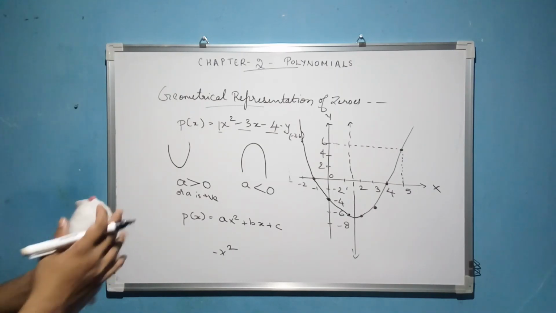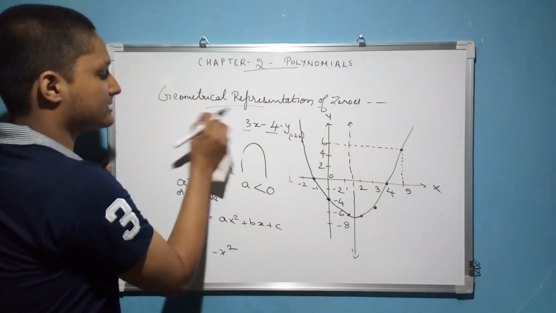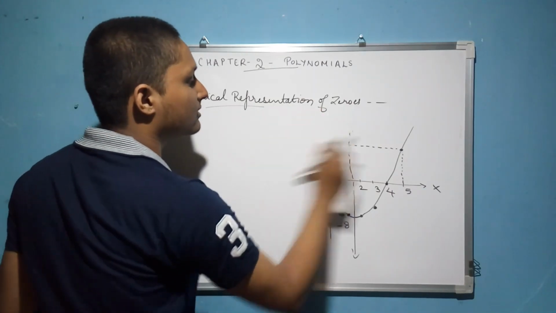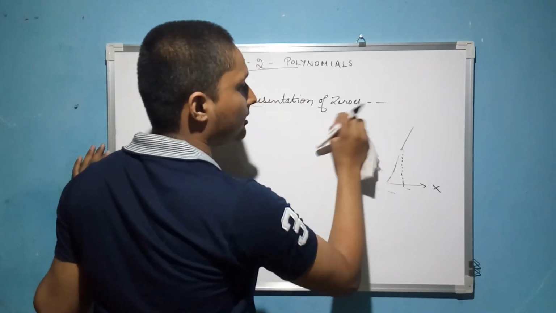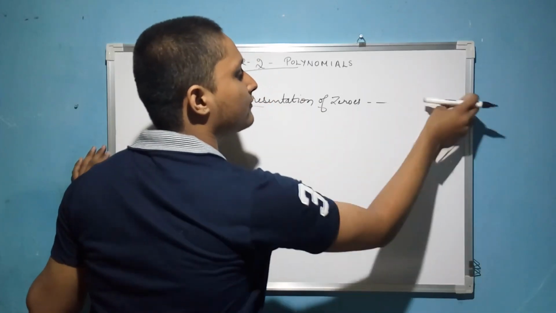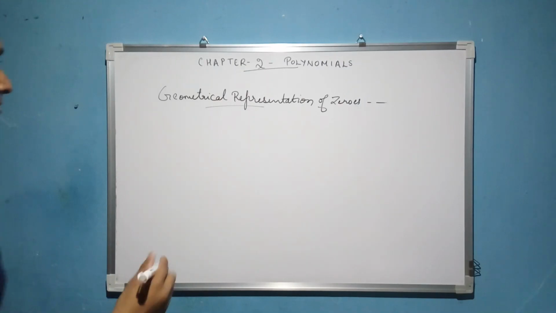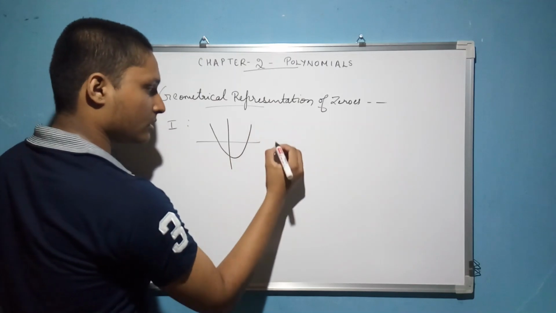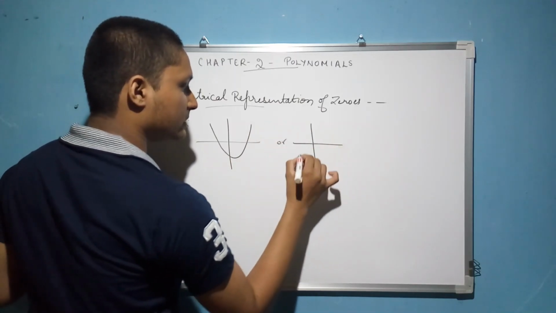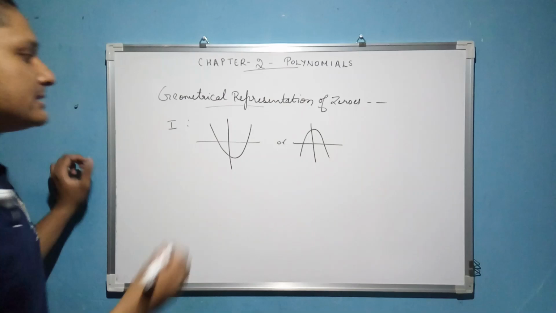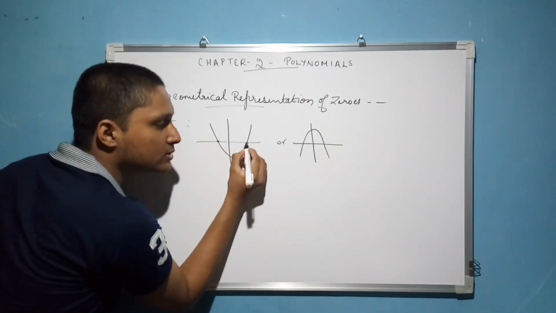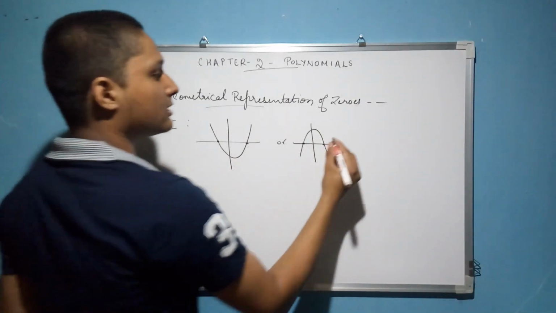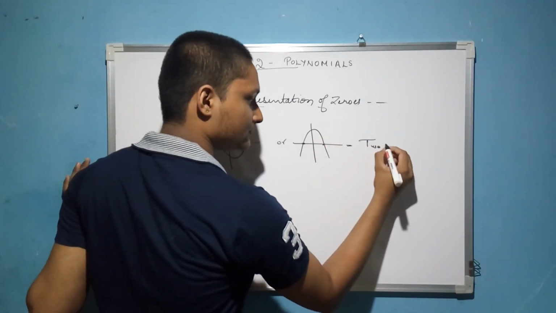So we are going to get a number of cases where you can tell how many zeros a graph can have. There can be different types of parabolas, right? Case 1: when the parabola comes to be like this, or like this, you have 2 zeros, as we have just got in the graph that we have drawn.